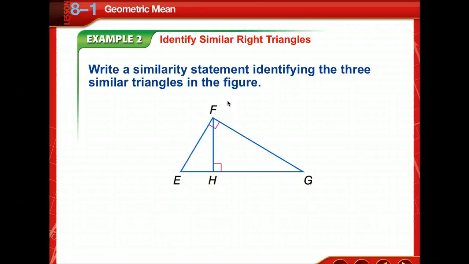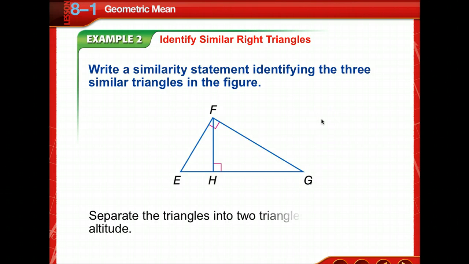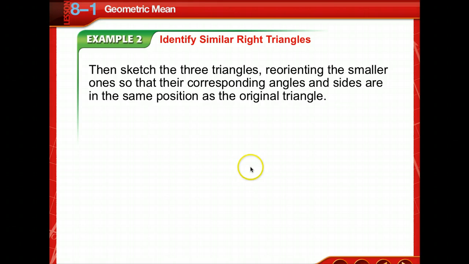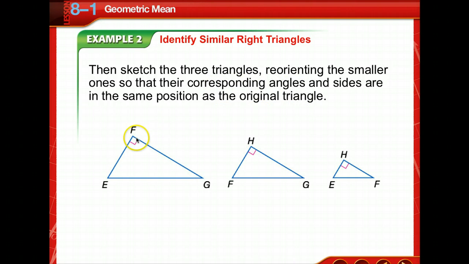So when we're trying to write a similarity statement, first we have to identify the triangles. So we're going to separate the triangles into two triangles along this altitude, so we've got a triangle on the left and one on the right. And then we're going to sketch the three triangles. We're going to reorient the smaller ones so that they correspond to the original triangle. So we're going to have all the right angles in the same position.